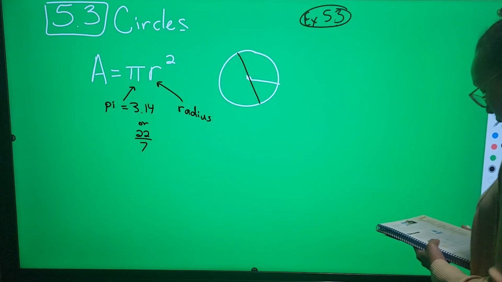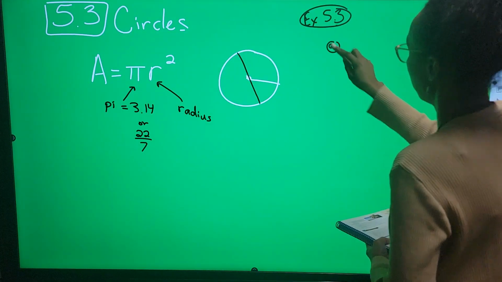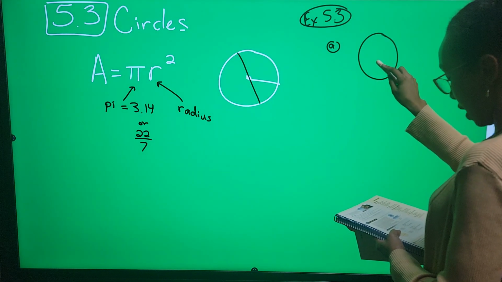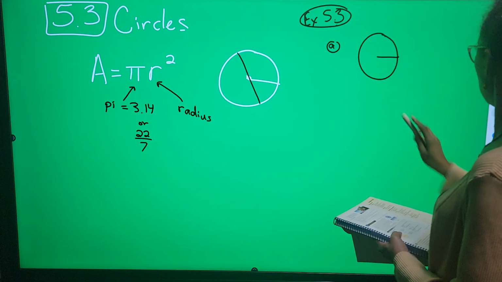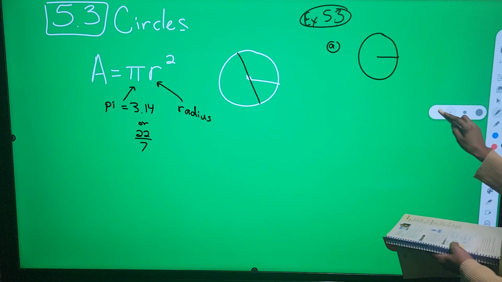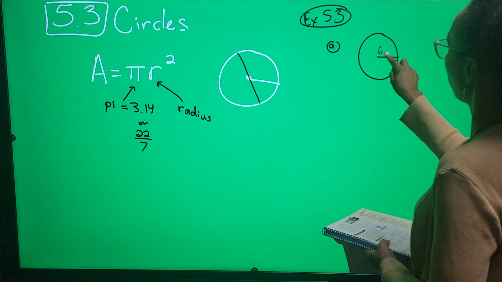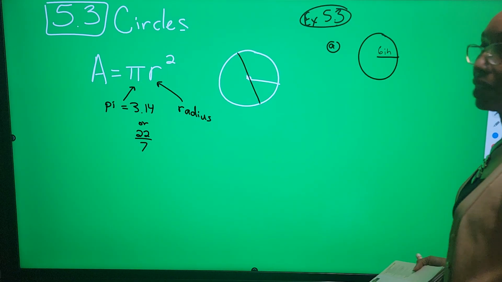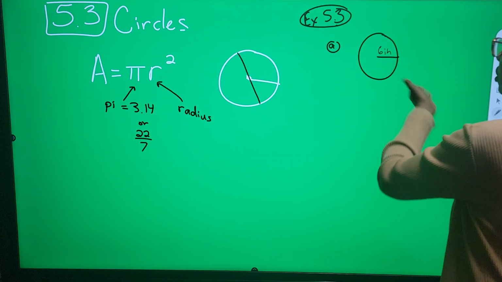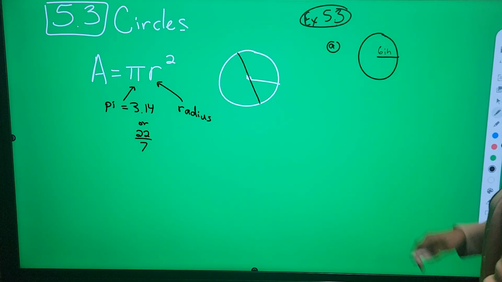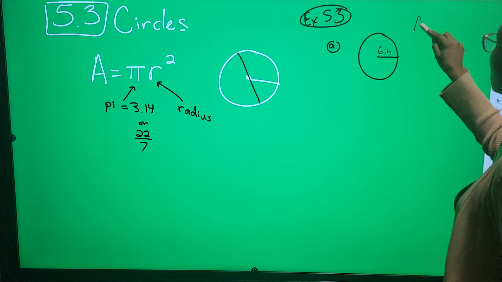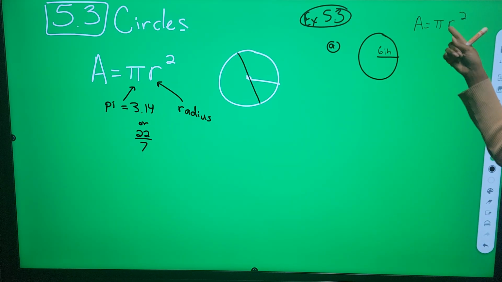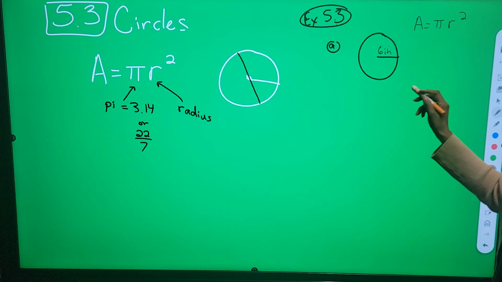All right, example 5.3, letter A. They have a circle there with a radius labeled as 6 inches. And we're just told to find the area. Again, if they give you the radius, that's all you need because the formula already contains the other numbers, which is pi.